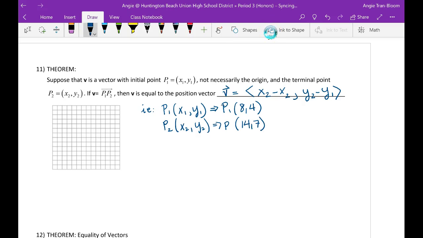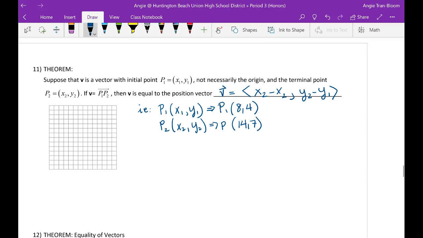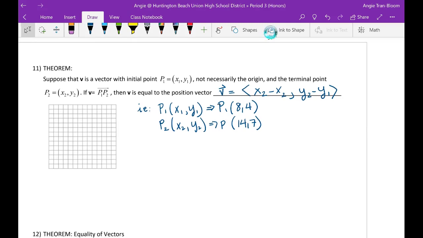So we are going to plot. We're going to assume that this is always in quad 1. Okay, so this is the origin. Okay, so I'm going to plot 8, 4. But we're going to move it down to the origin later. So that's where our position vector is going to be.